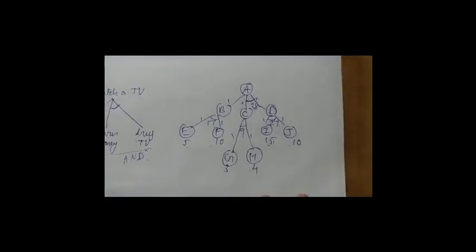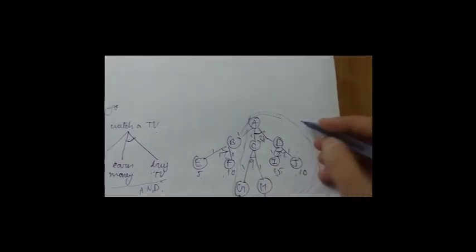Now here it can clearly be seen that this whole part is an AND graph, and the second part is an OR graph.